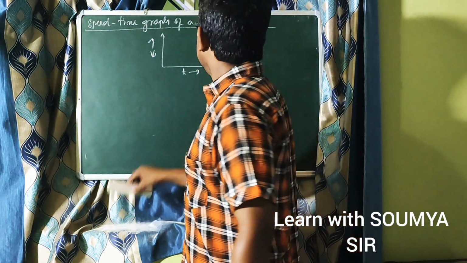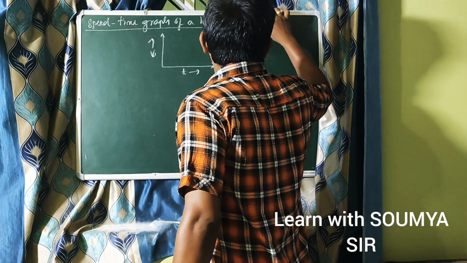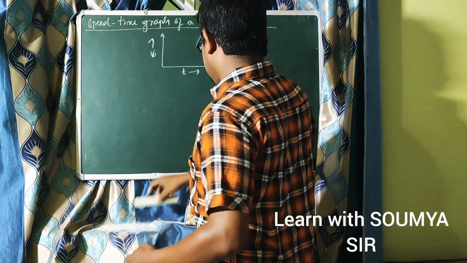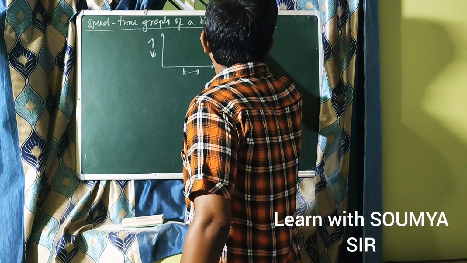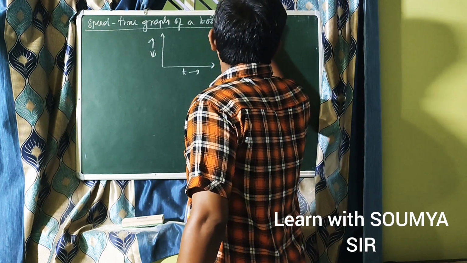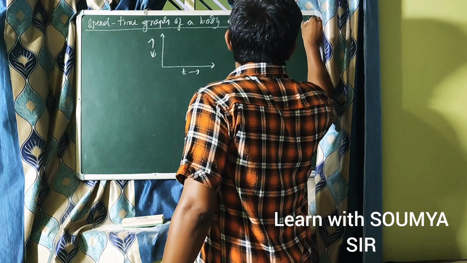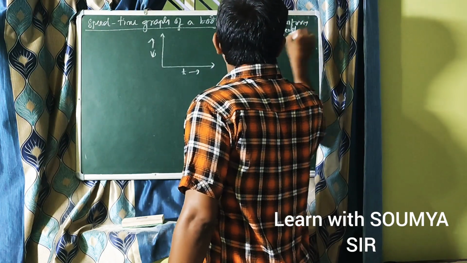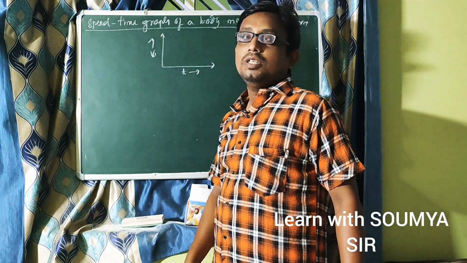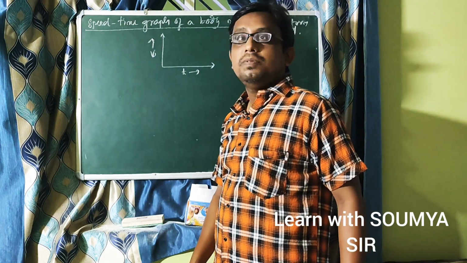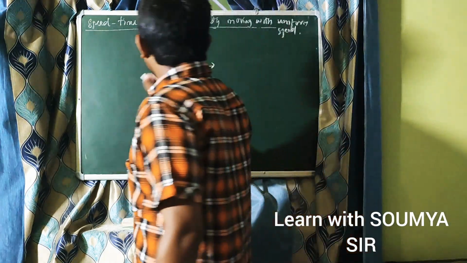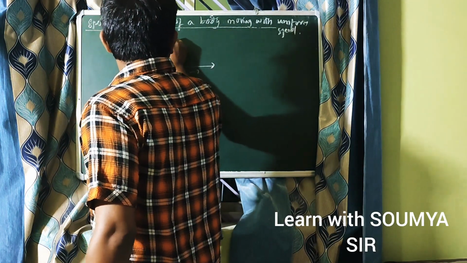So the next graph we will read is the speed time graph of a body moving with uniform speed. Uniform speed means same speed. Suppose at time 0 the speed is 5 meters per second.